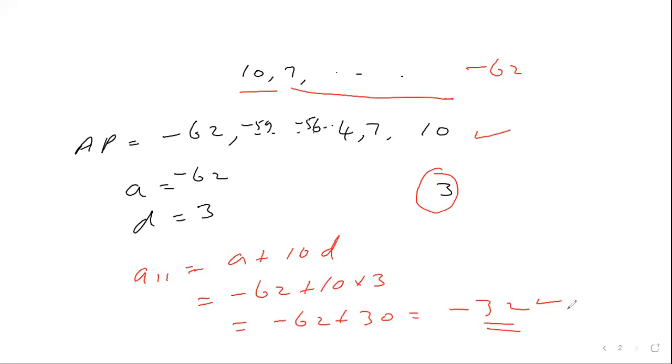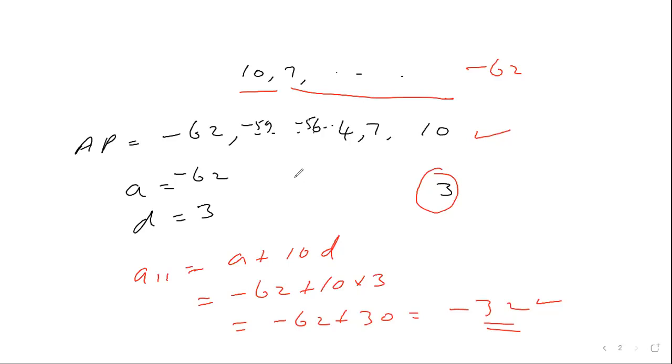Formula with me: A plus n minus 1 into D. A11 is equal to A plus n minus 1 into D, the same formula. Minus 62 plus 10D, since 11 minus 1 is 10. Okay, minus 32. I think you understood this alternative method.